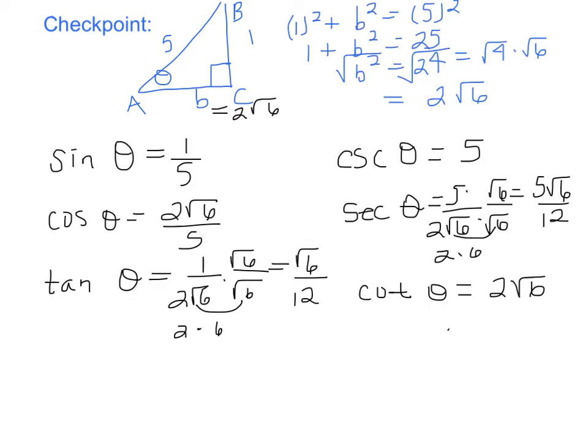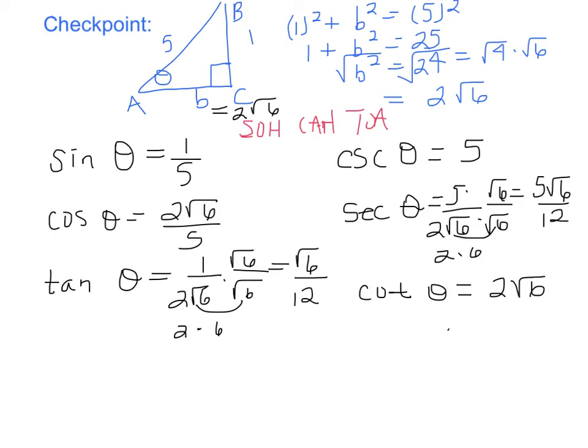Okay. Here is our finished product where you can see all 6 trig functions. Well, first I had to find the missing side using Pythagorean theorem. And then I needed to have SOH CAH TOA, so you can see the ratios of theta.